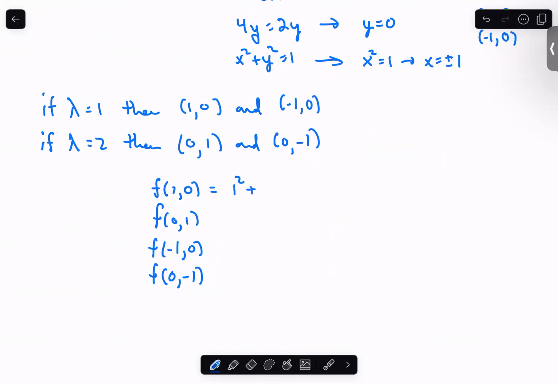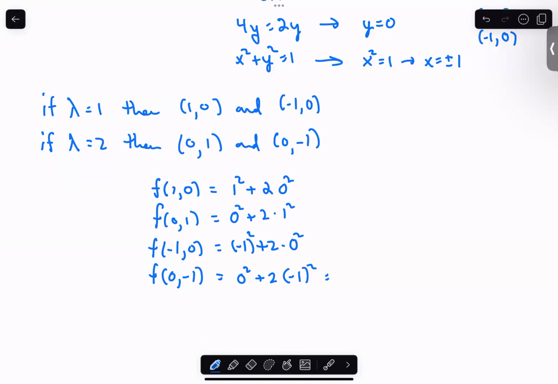So we have 1, we have 1, 2, and another 2.